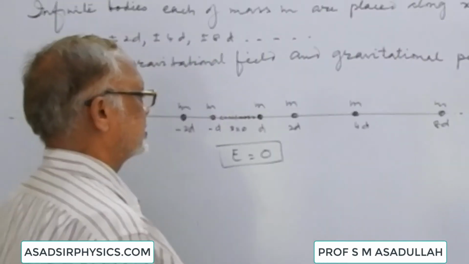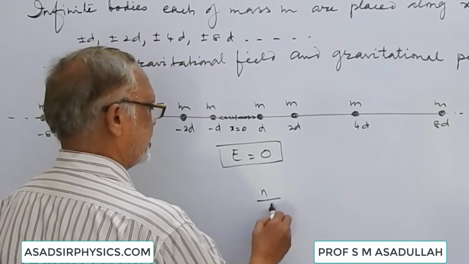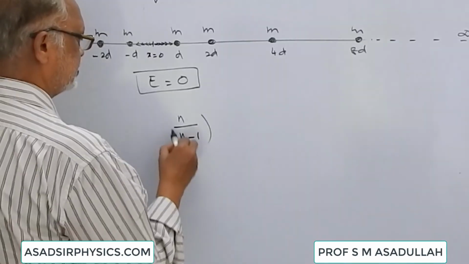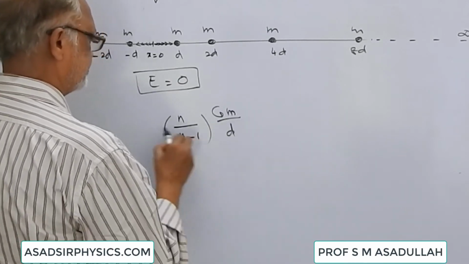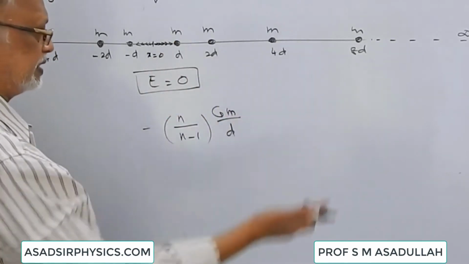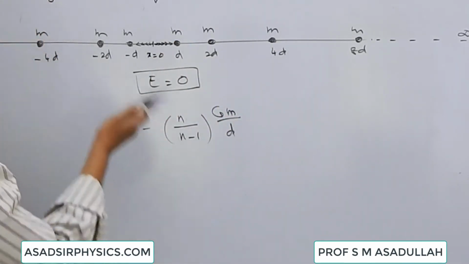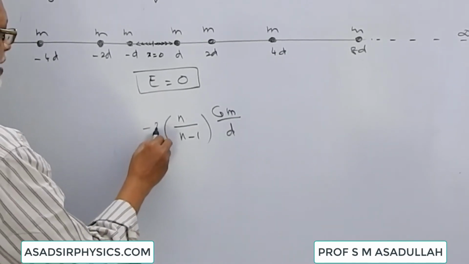We know that the potential in general is given by minus (n minus 1) GM by d. This is for bodies lying on one side. The bodies lying on the other side also produce same potential, so it will get added to it.